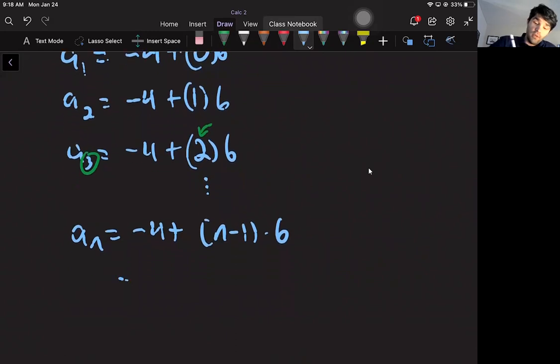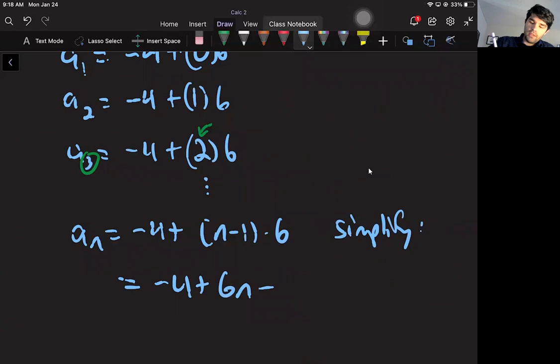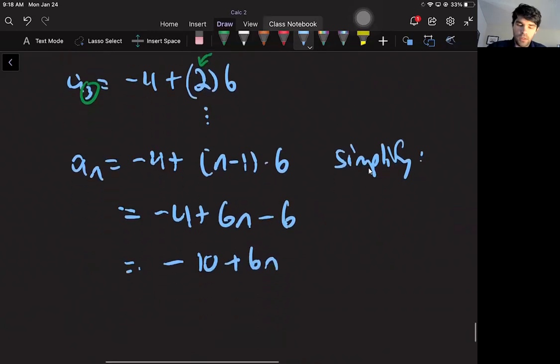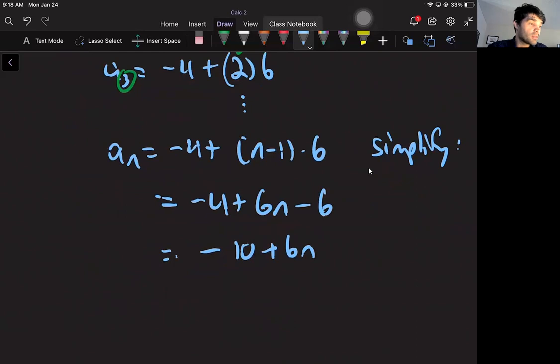And then you could simplify if you want. So this would become negative 4 plus 6n minus 6, which would be negative 10 plus 6n if you want. And that's the same thing. Okay, so that's the explicit formula for the sequence. This is the nth term.